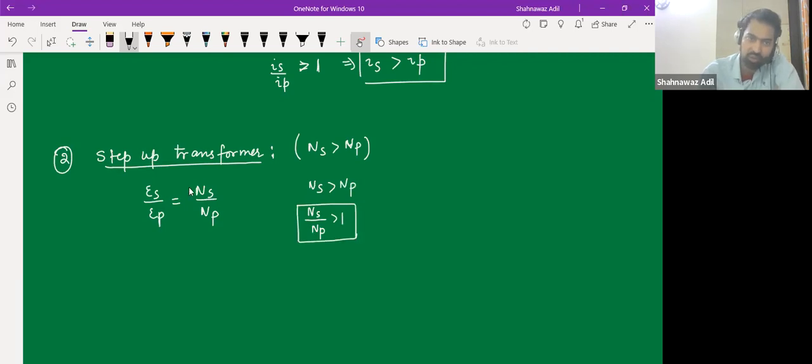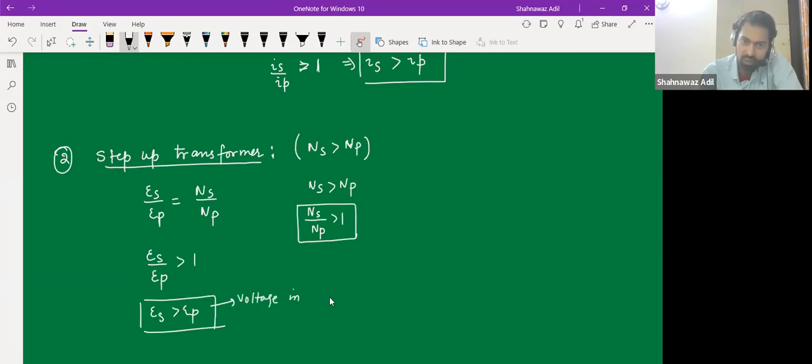So we put the value in here. ES by EP is greater than 1. So ES would be greater than EP, which means that the voltage in the secondary coil is high.